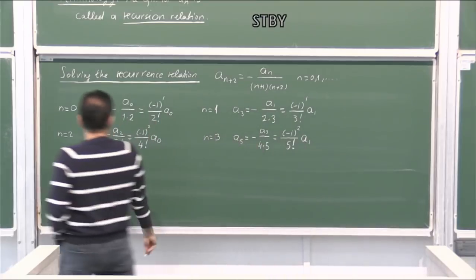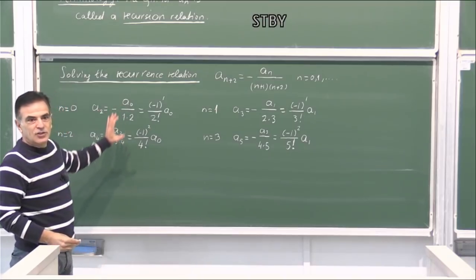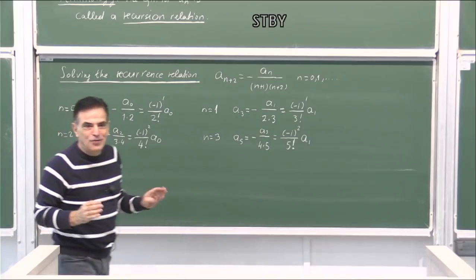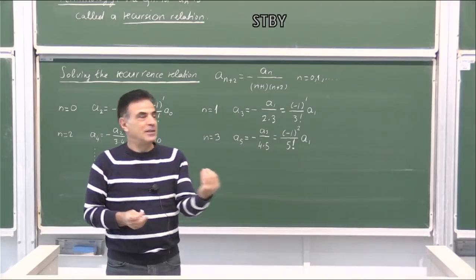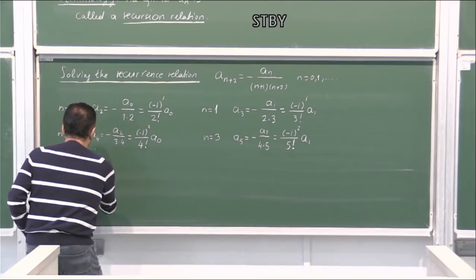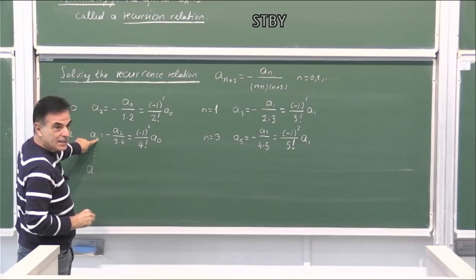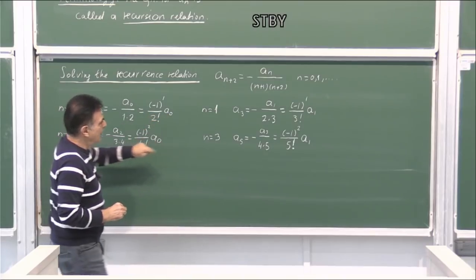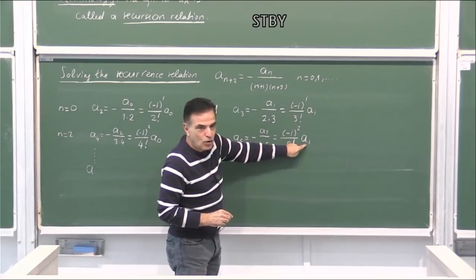Okay? And if we continue in this way, we see the structure of the coefficients. In this example, it is not difficult to find the general term as a simple, nice formula. Look, it seems that the coefficients with an even index are all expressible in terms of a0, and the coefficients with an odd index are all expressible in terms of a1.